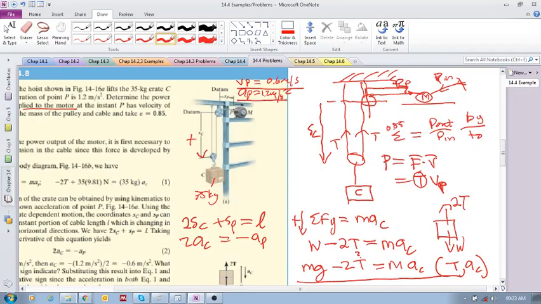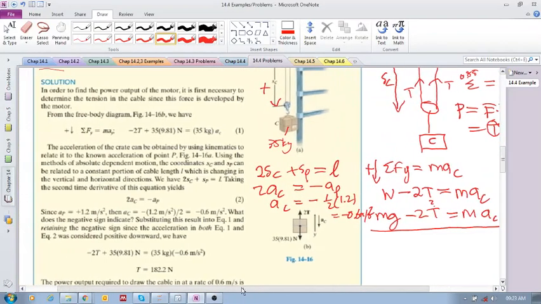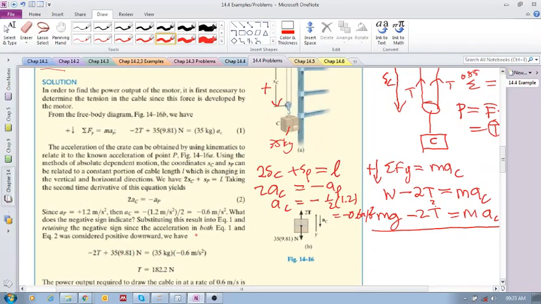Yes, the acceleration of P is 1.2 meters per second squared, so the acceleration of C is minus a half times 1.2, which equals minus 0.6 meters per second squared. Now we've got the acceleration of C as minus 0.6, and there is the equation. We put our acceleration in and we calculate the tension.